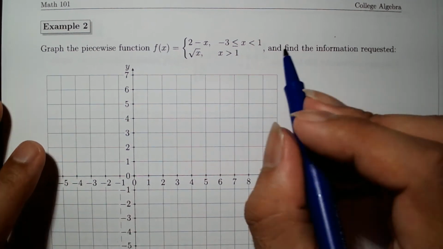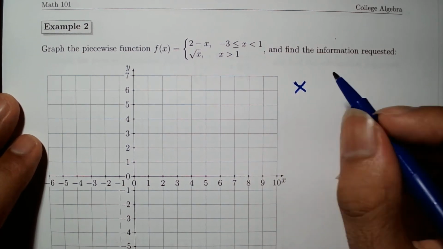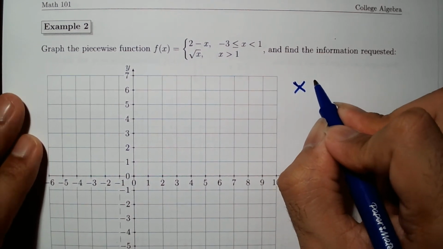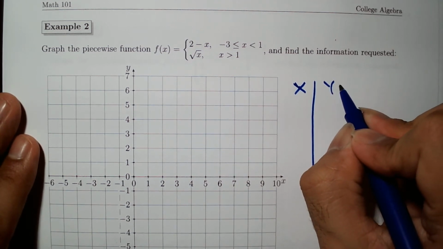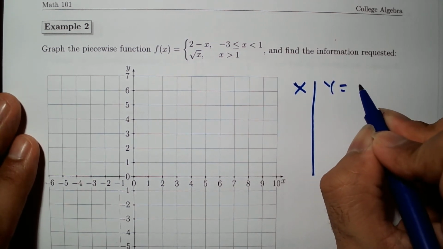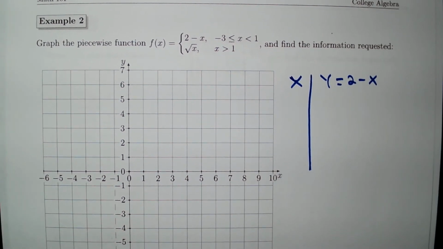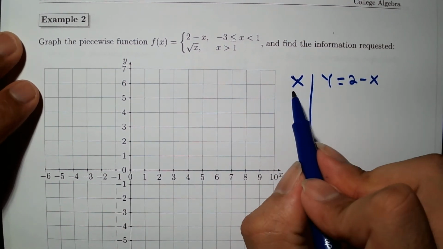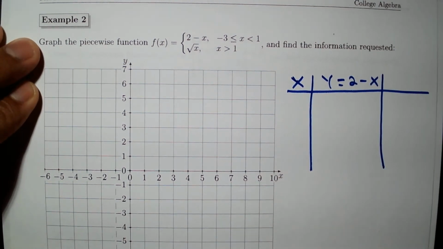Alright, so let's see. I'm going to use blue again for the first part, 2 minus x. But in this case, I cannot just choose any value of x as we usually do.